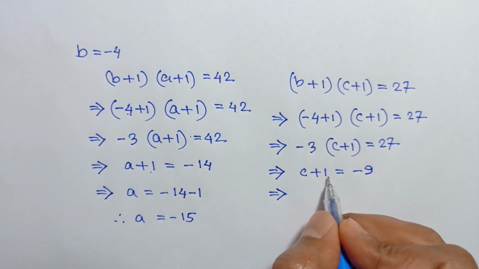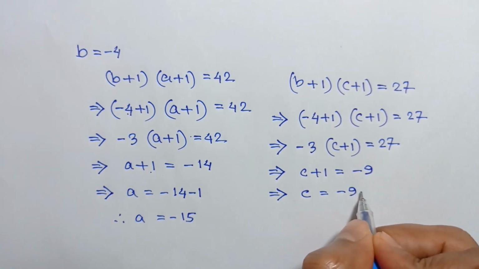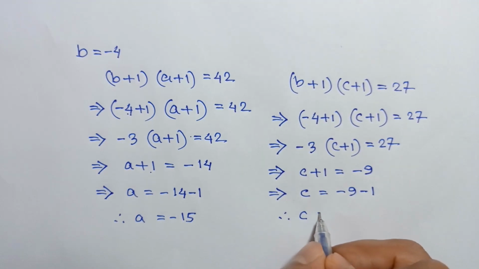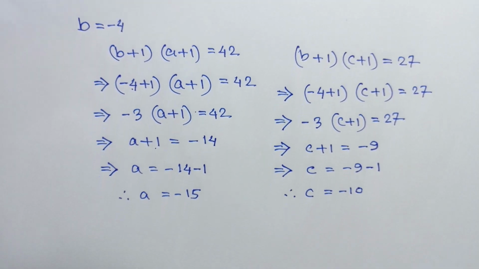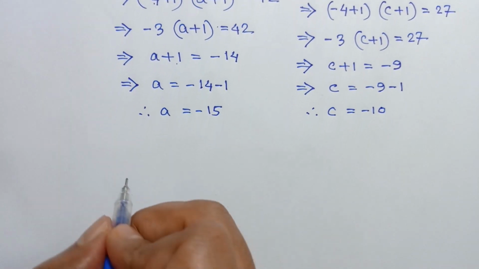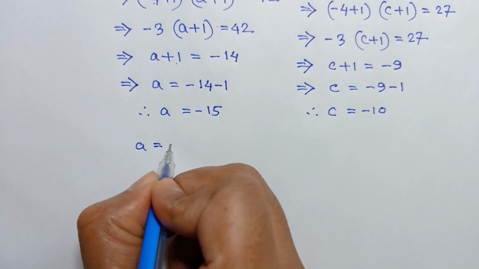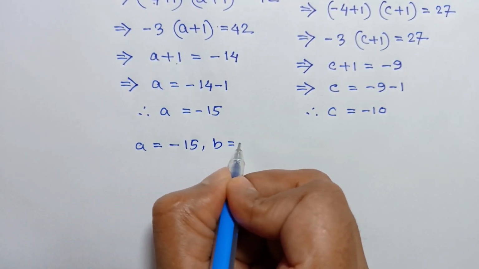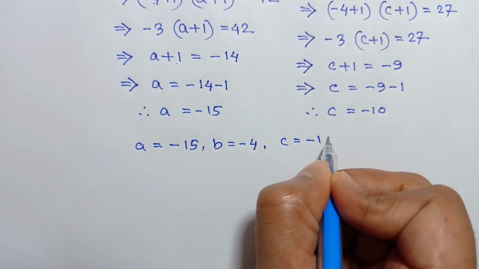Taking this 1 to the right side, we will have c = -9 - 1. So the value of c = -10. So from here we have found a = -15, b = -4, and c = -10.